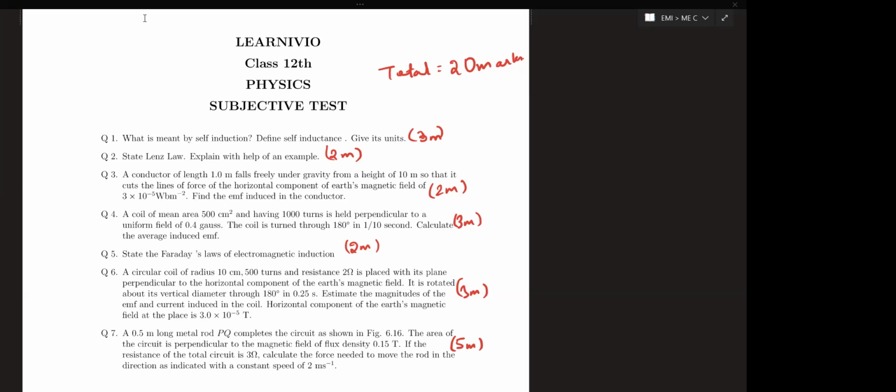Kulsum, you can leave. Neha also. Josefa has also submitted. Josefa, you can also leave.